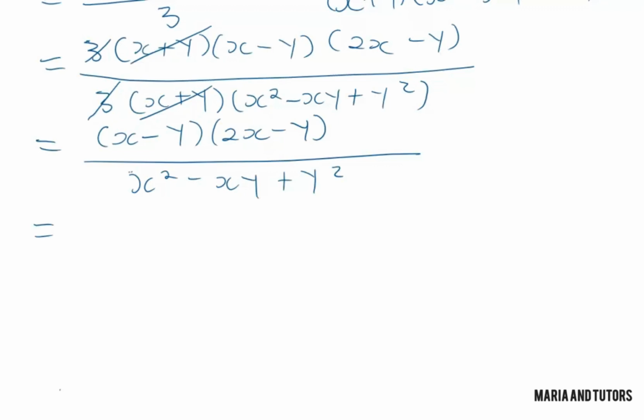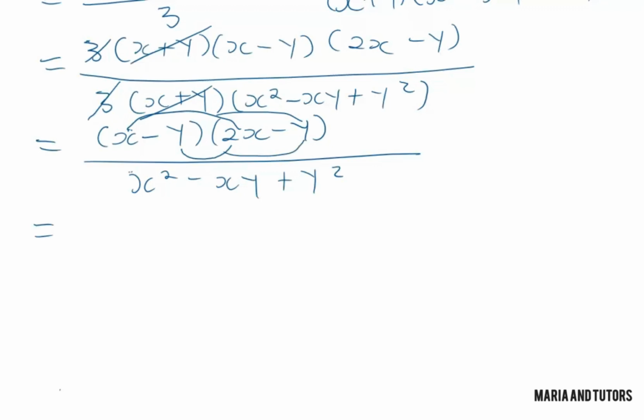So we take the first term from the first bracket and multiply it by all the terms in the second bracket, and when we're done we take the second term from the first bracket and multiply it by all the terms in the second bracket.